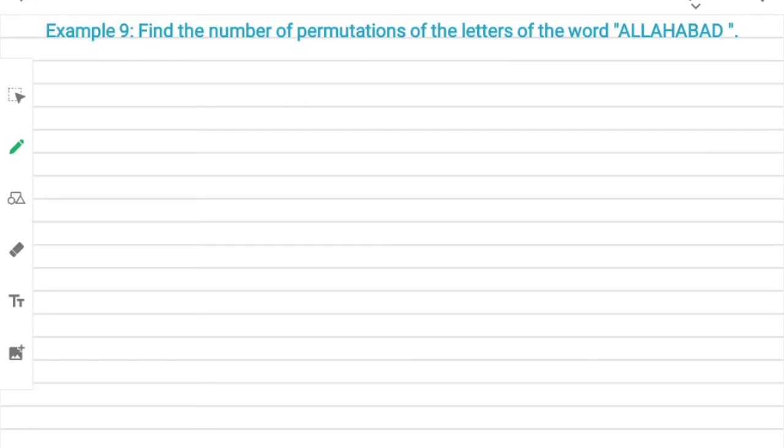Next, we are going to see some examples. Example 9. Find the number of permutations of the letters of the word Allahabad. In this word Allahabad, that is A L L A H A B A D, n is equal to what? n is nothing but the number of letters, so n is equal to 9.